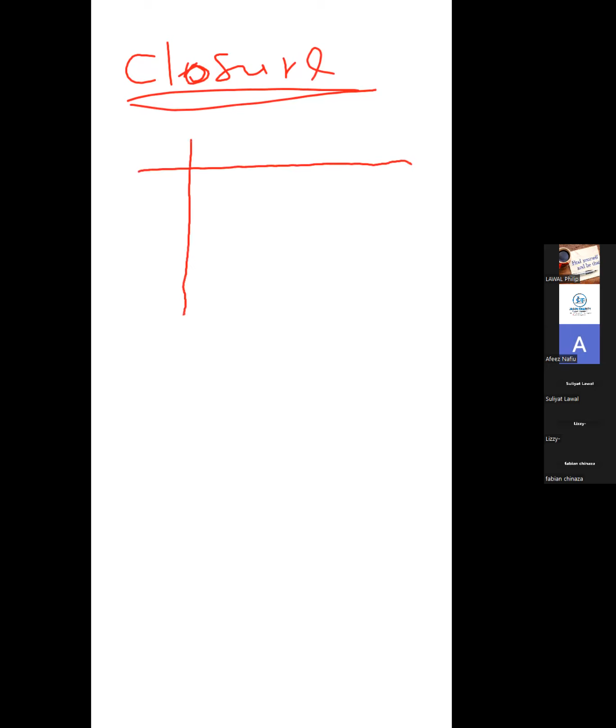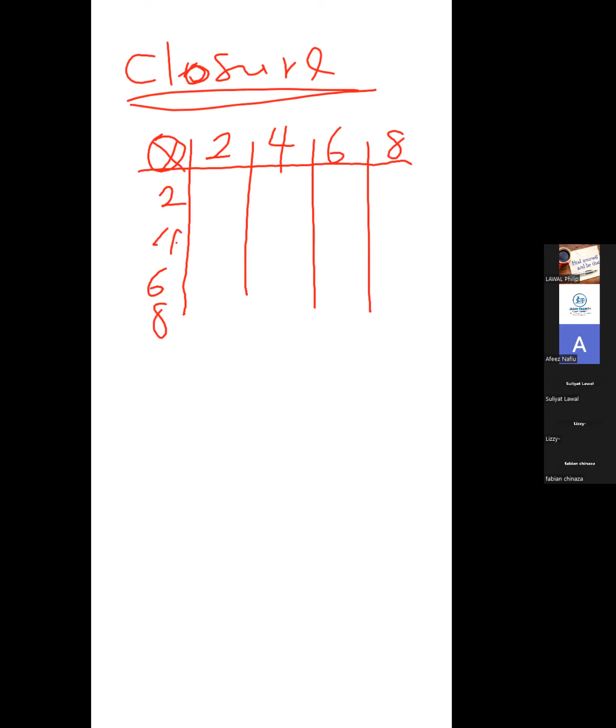I want to operate on the set of even numbers, and of course I'm going to be using the binary operation multiplication. So I have 2, 4, 6, and 8 here, and 2, 4, 6, and 8 here.